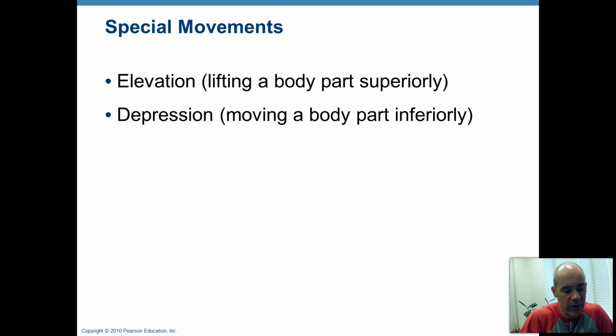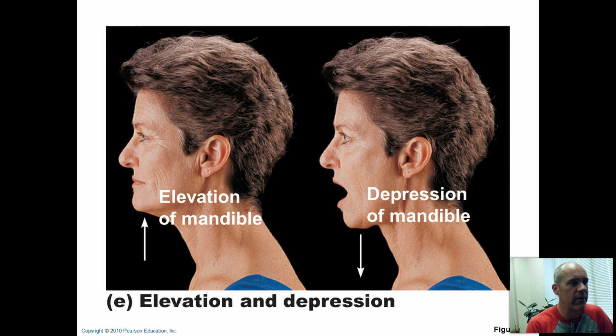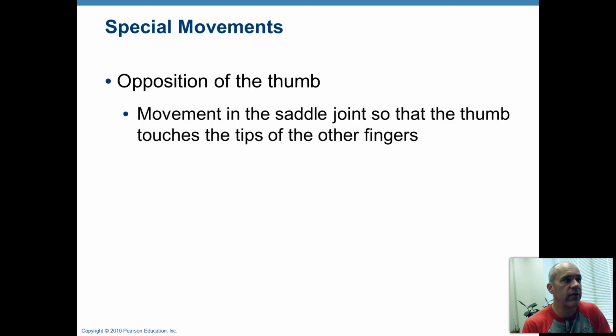So we'll talk about flexion and extension at the shoulder joint, abduction versus adduction, and then elevation versus depression. You have all of those types of movements going on with that ball and socket joint at the shoulder. Here's the jaw again. So you can do elevation when you raise your jaw, depression when you bring the mandible down, like when you're chewing, you're doing elevation and depression, and also some protraction and retraction of the jaw as well.